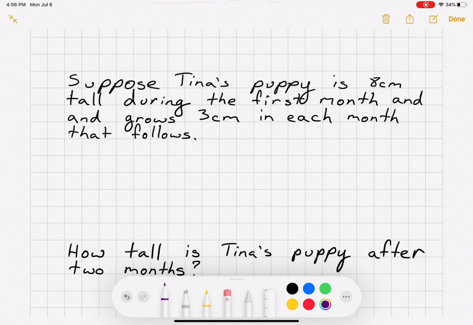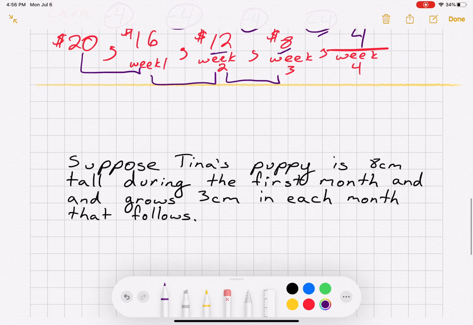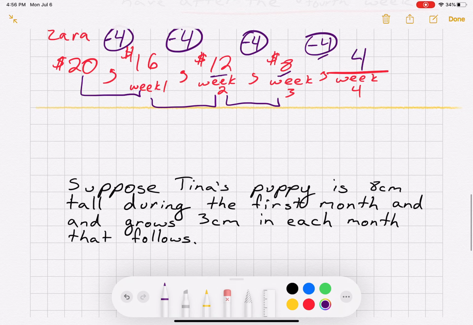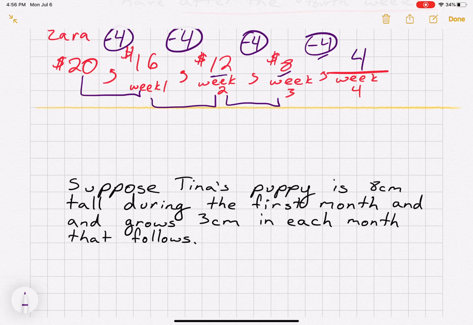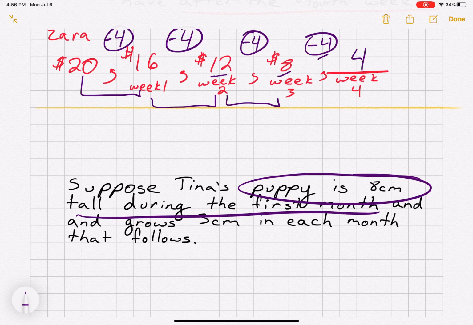Okay, so just like we did up here, I'm going to set this problem up. Suppose Tina's puppy is 8 centimeters tall in the first month. So 8 centimeters, and this is month 1. That's what we're starting with. And it grows 3 centimeters each month.